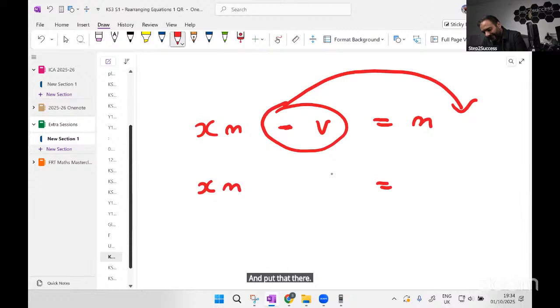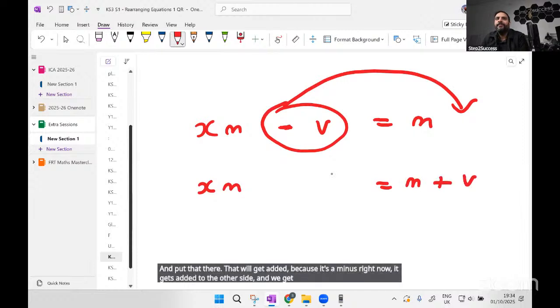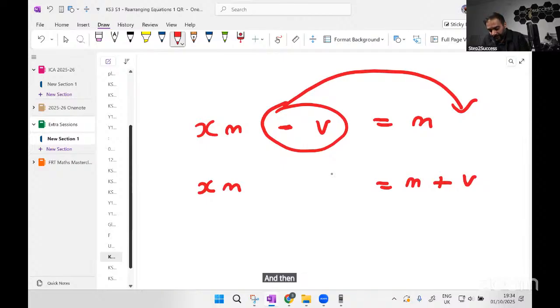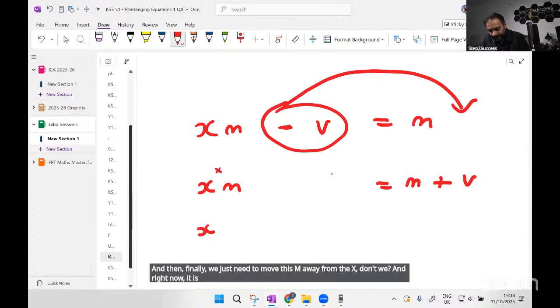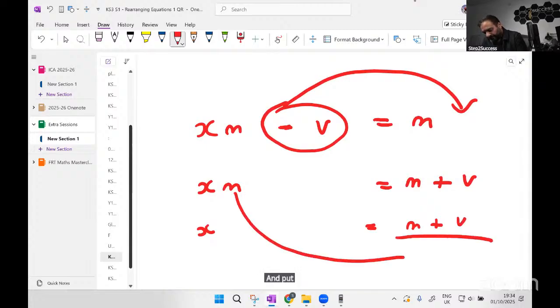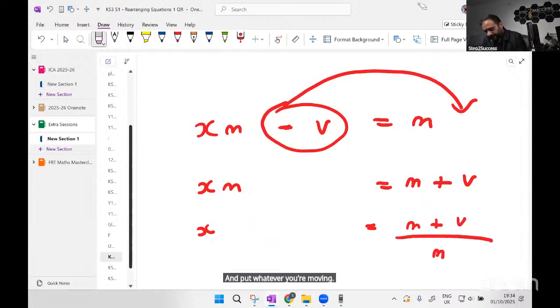That will get added because it's a minus right now. It gets added to the other side and we get m add v. And then finally, we just need to move this m away from the x, don't we? Right now it is being timesed by the x. So on the other side, it will be divided. So you do a big line and put whatever you're moving underneath it. And that will take you to the answer.